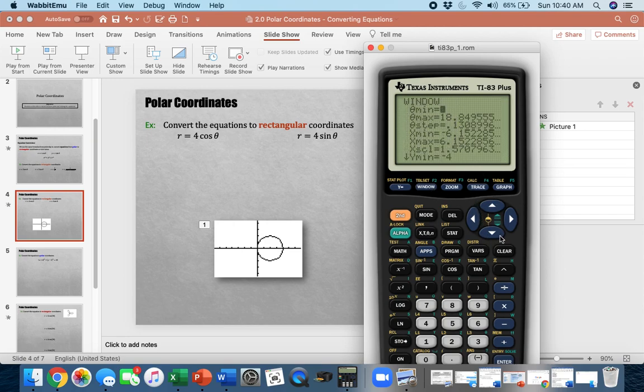What is happening? Wait, it's still spinning just as much. What is going on? Oh, zoom 7 just changes my x and y window. It didn't change my theta.